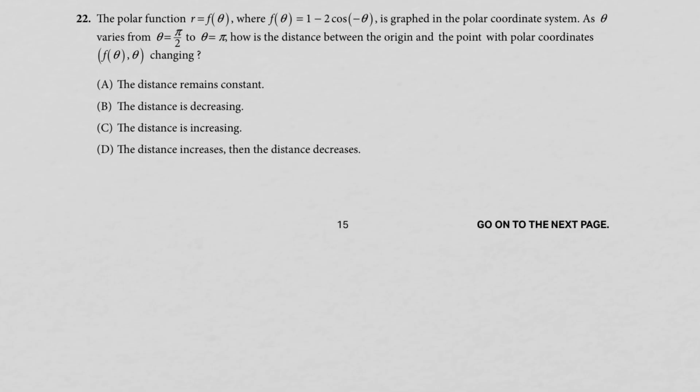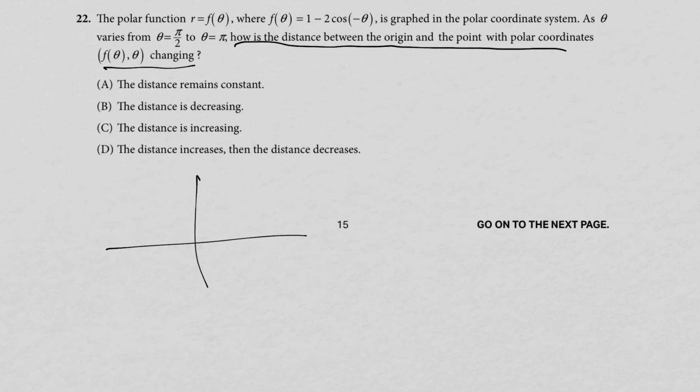22 is particularly annoying and much more difficult than it needs to be. They want to know how the distance between the origin and the point with polar coordinates is changing. What they're getting at in this question is there are polar curves that go like that, which means that it starts off, the distance to the origin is some number, but then it gets smaller as it goes.